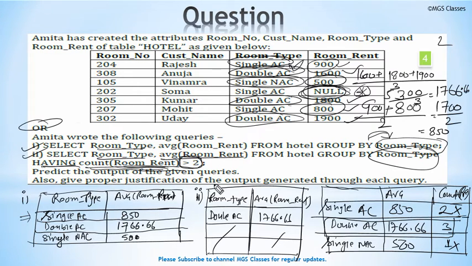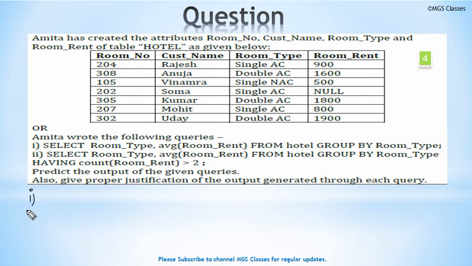Now we need to justify the output, how this output came. So in the first case, how will you write the justification?